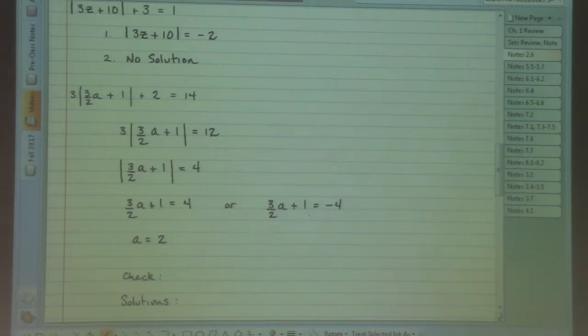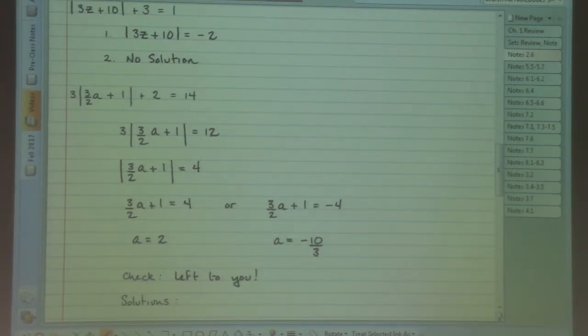And for the other equation, subtracting 1 and then multiplying by 2/3, we would get a = -10/3. So we have these two answers that we would want to check. I would leave this to you to do. Again, a wasted opportunity if we do not do this.